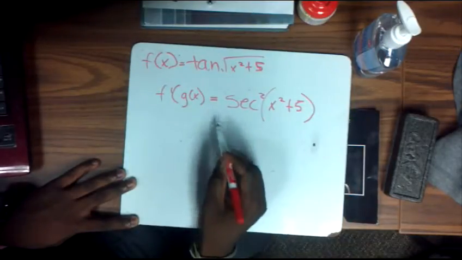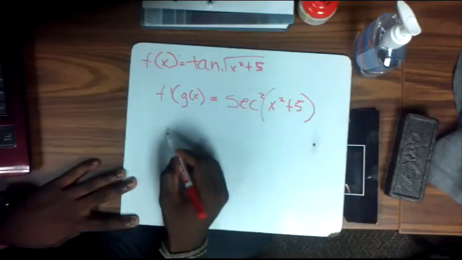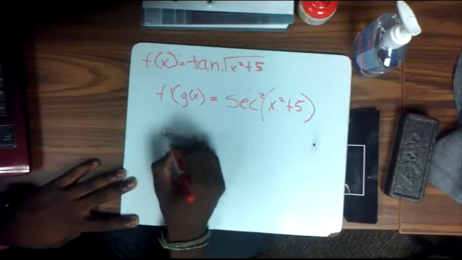So that's the first part, and then we have to multiply this by g prime of x.